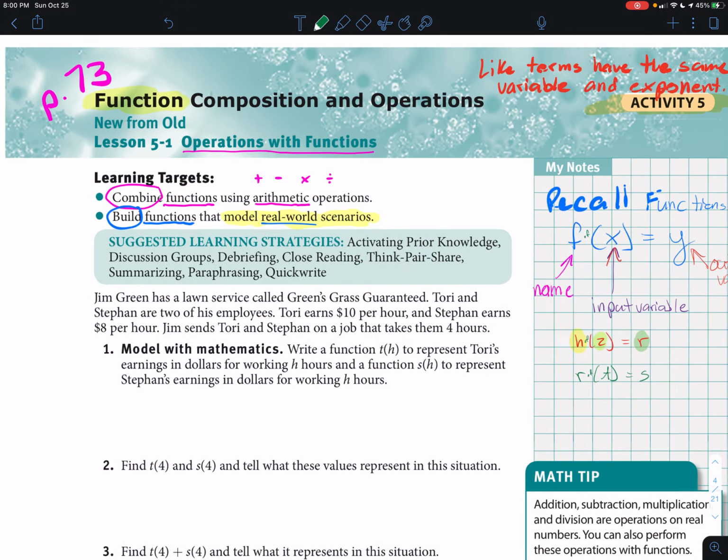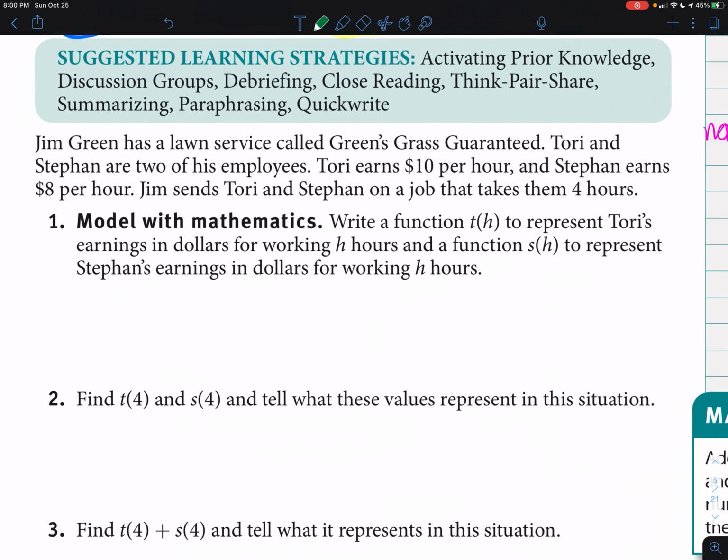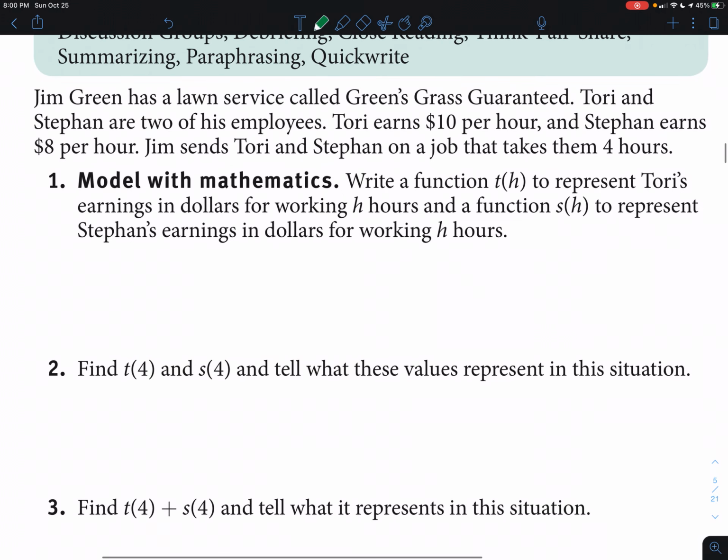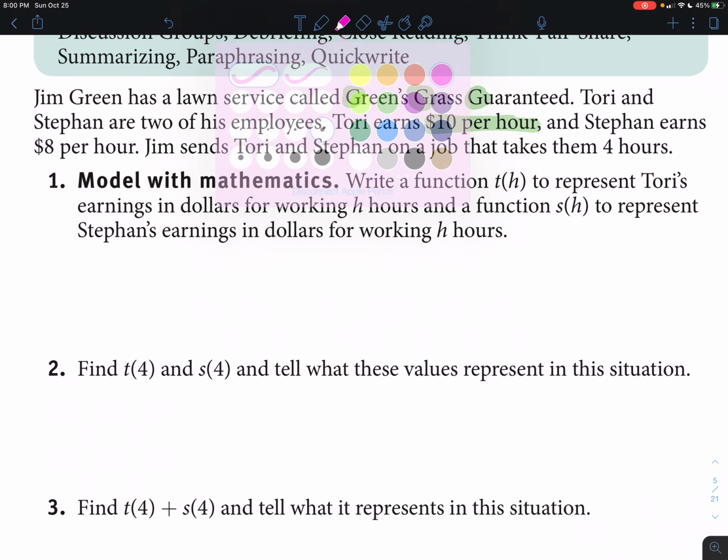So in our problem here, we have a real-world scenario: Jim Green has a lawn service called Green's Grass Guarantee. It's called alliteration, by the way, just so you know your math teacher is good at English too. Tori and Stefan, I like Stefan more than Steven, are 2 of his employees. Tori earns $10 per hour and Stefan earns $8 per hour.